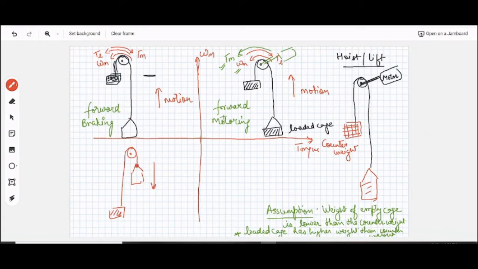This will be an example of third quadrant operation, as motion required is to bring it down, and for this speed needs to be in this direction, whereas load acting will be in this direction. So your motor will be compelled to generate the motor torque in the direction of the motion, right? So that means under this condition, your lift will be working in reverse motoring mode.